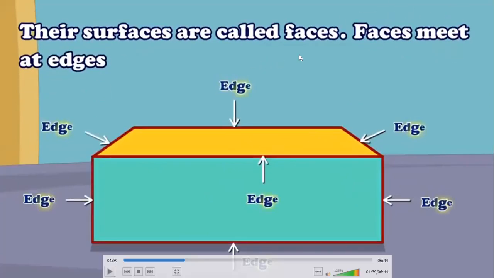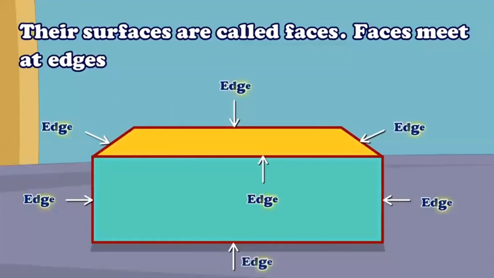Their surfaces meet at edges. Look, these are the lines which join one face to another face. This is called an edge. So you can see these are the edges. This is the second term you should know. I told you about the faces.